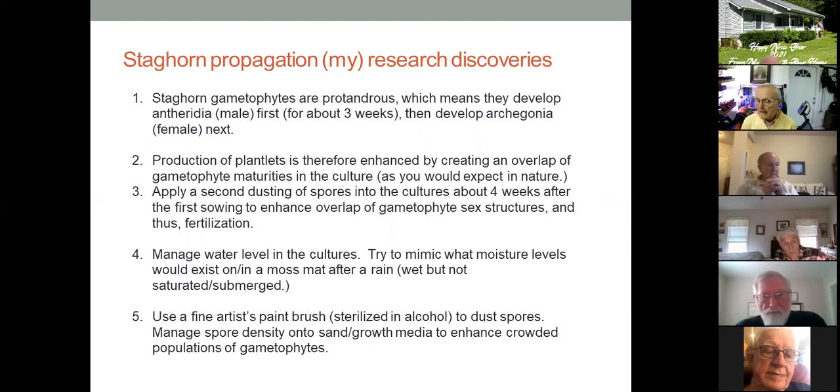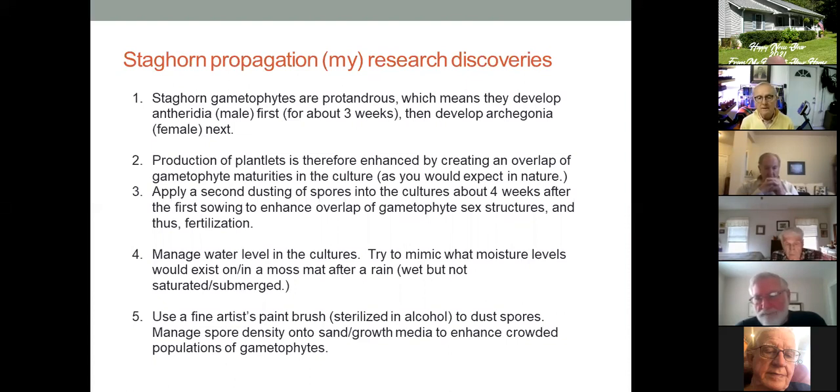The other problem I had in the research was the cultures were very sensitive to infection by blue-green algae. So, another propagation tip I would offer is try to keep all of the utensils and culture media that you're using clean. It's probably not a good idea to put it in the oven to sterilize it unless you're just using sand.